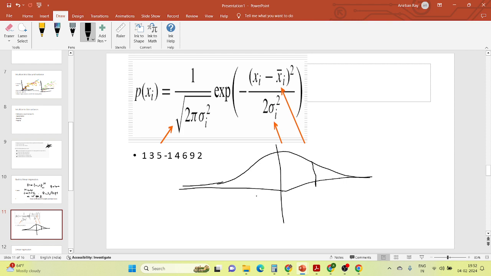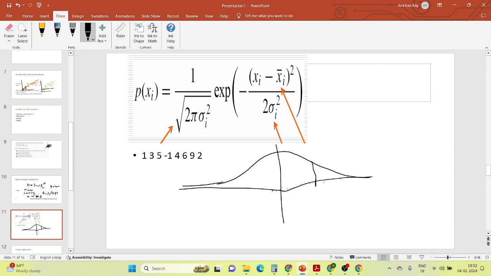So what does it mean actually? It means that given the points, they are more likely to be distributed around the mean 0, and as we move towards positive infinity, points become less and less. So you understand, right?